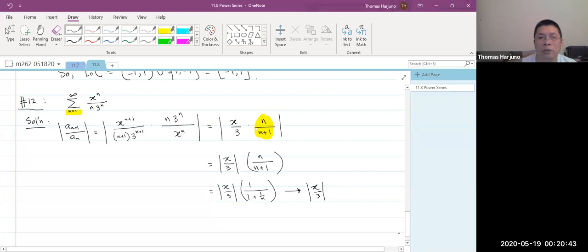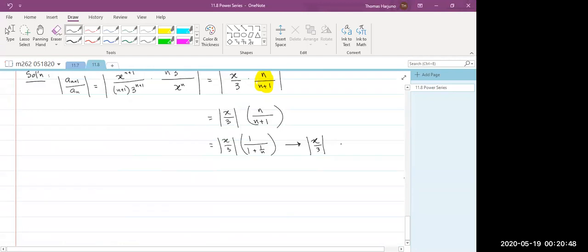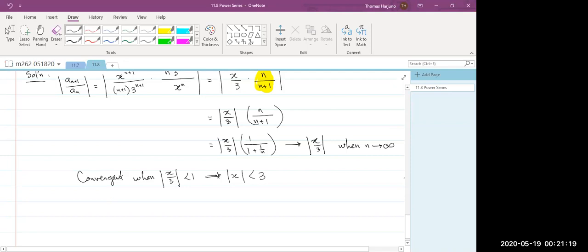And when is this convergent? If it's less than 1. This is convergent when |x|/3 is less than 1. Therefore |x| is less than 3, multiplied by 3, right?